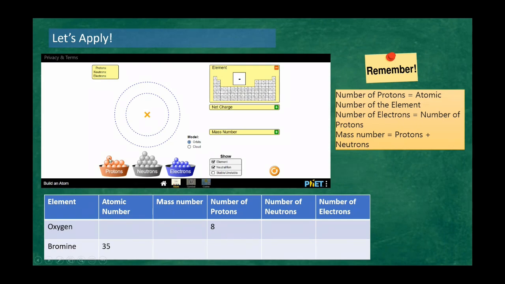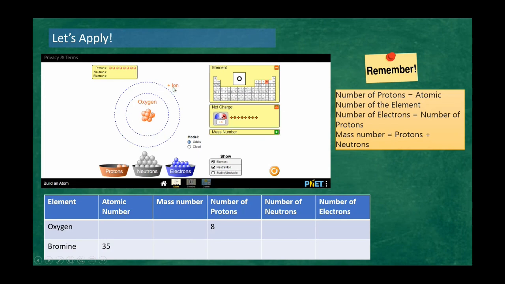When we put 8 protons here, as you can see and observe, when we add protons, the element is changing. It's because the number of protons is the atomic number and it is the identity of an element. Lithium, beryllium, boron, carbon, then we have nitrogen, and then we have oxygen.